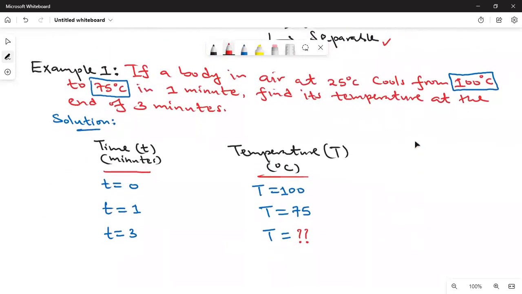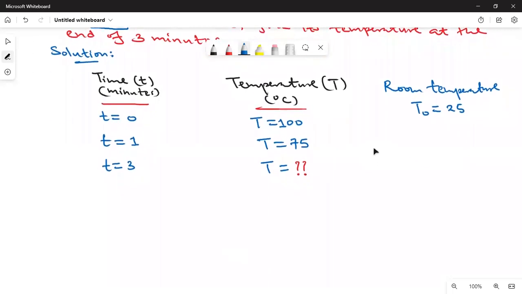Now, what do you think is the room temperature? Look at 25. It is the surrounding temperature, the temperature of the air. This body that is cooling is surrounded by air. So the room temperature T naught is 25 degrees centigrade. Now let's form the ODE.